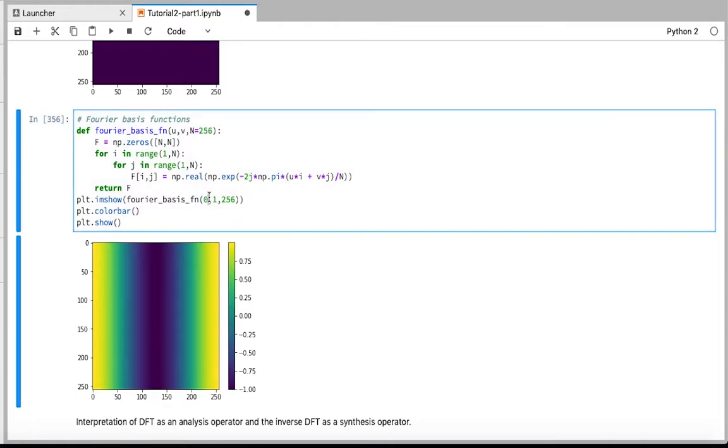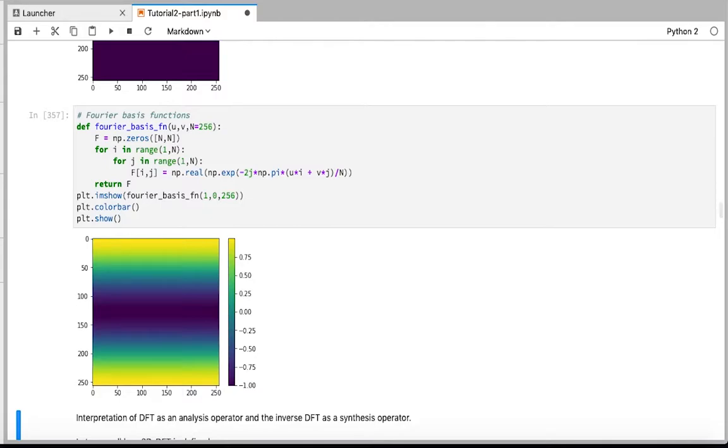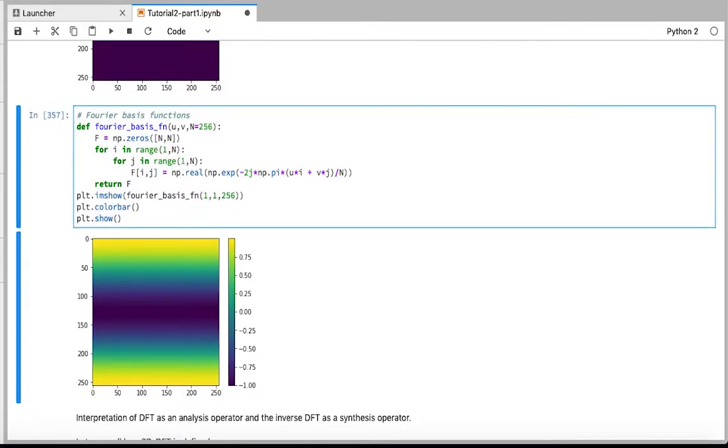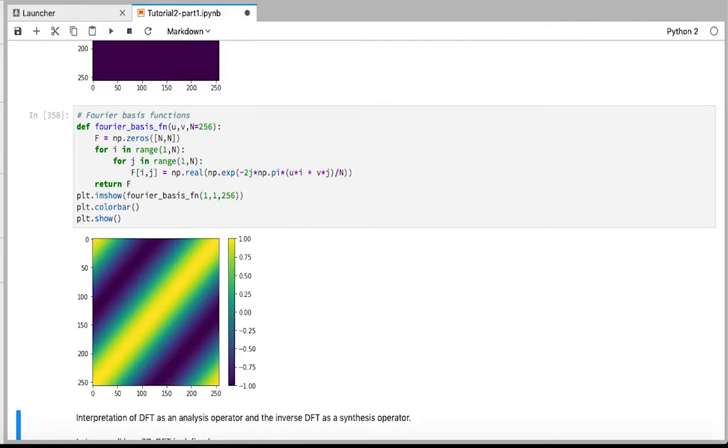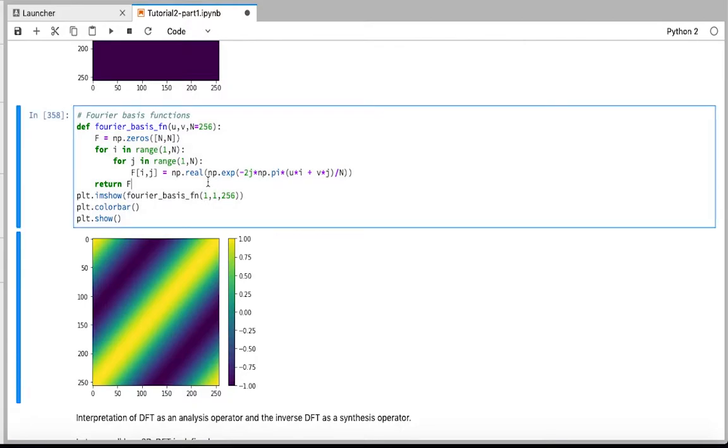And the opposite, if you have 1 and 0, you get the opposite effect. When you pick the elements on the diagonal, like 1 and 1, you get filters which capture stripes, you can say. As we keep increasing u and v, we keep getting high frequency filters.